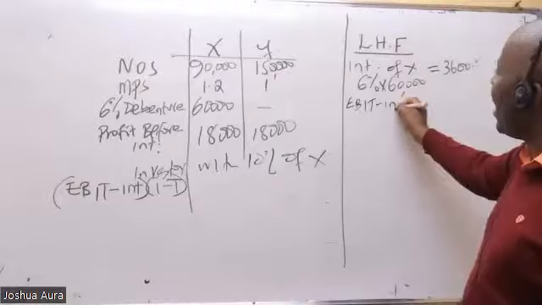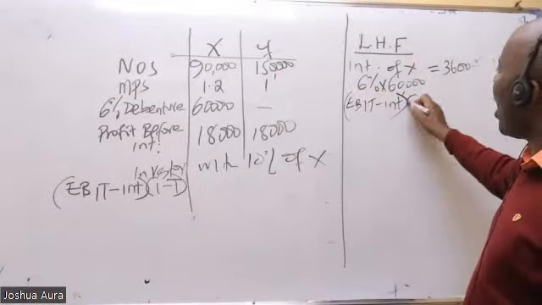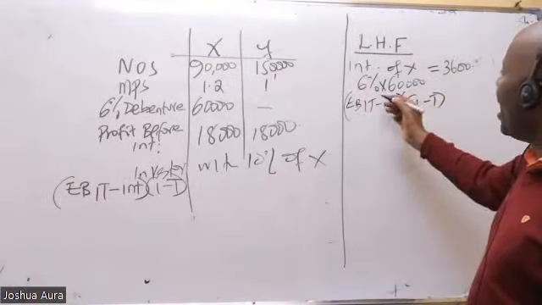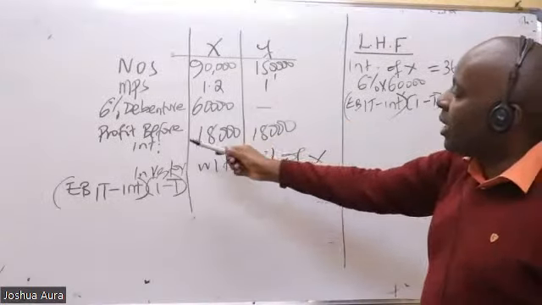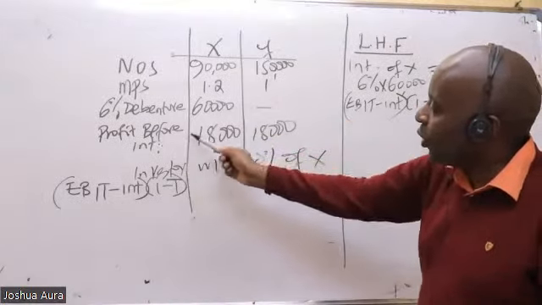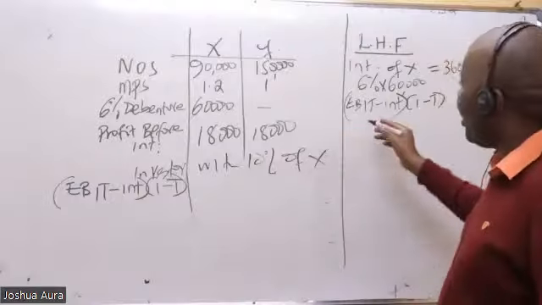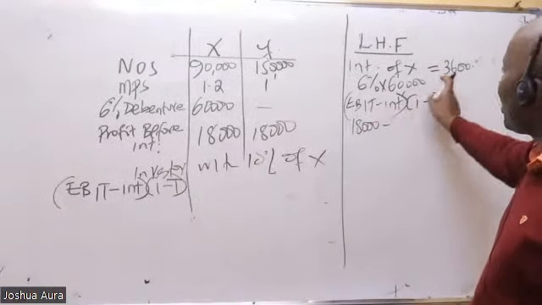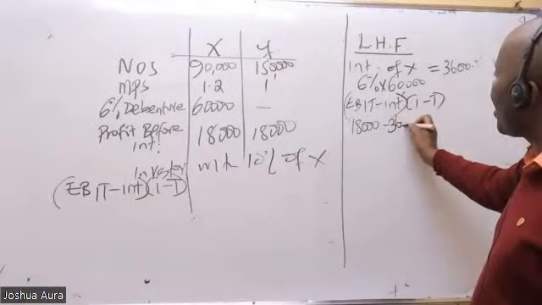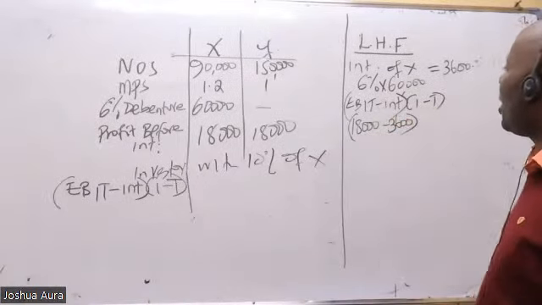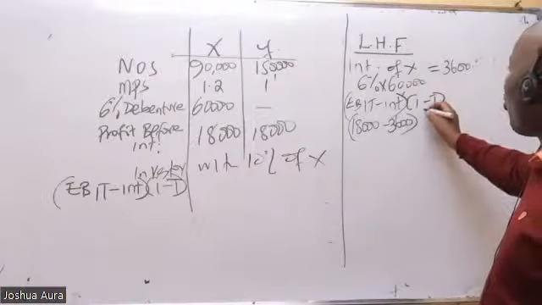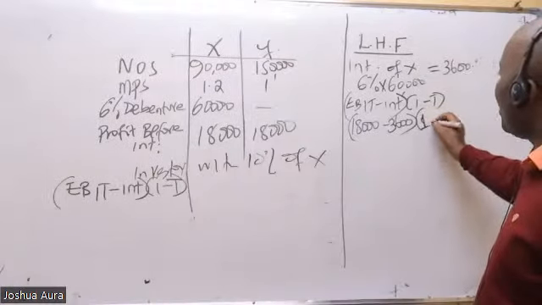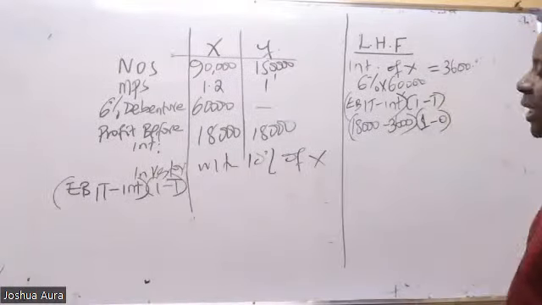And therefore, for this company X, EBIT minus interest into 1 minus tax. EBIT, I can see earnings before interest and tax, 18,000. Minus interest of 3,600. Into 1 minus tax. In this question, what is the tax given?